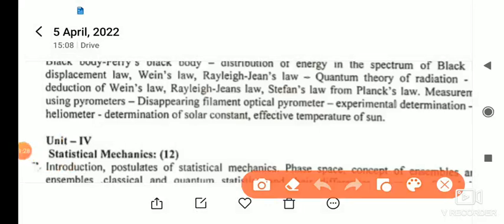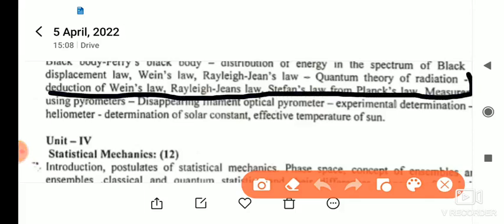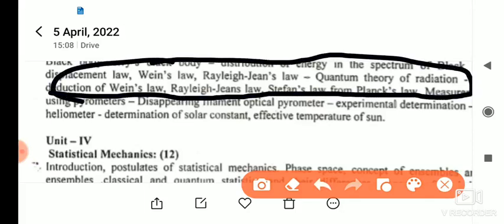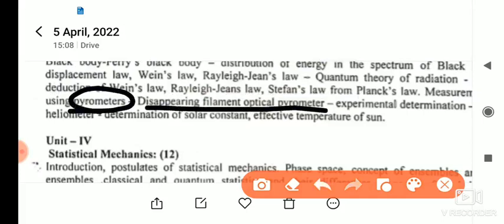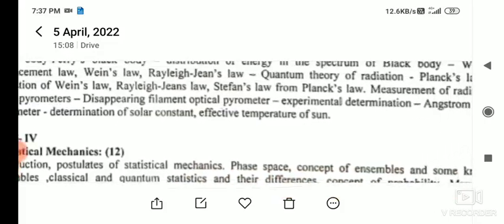Up to Wien's law, Rayleigh's law, and Planck's law, with the black body, is one part, and the second part is pyrometers: the disappearing filament optical pyrometer, experimental determination, and the pyrheliometer.